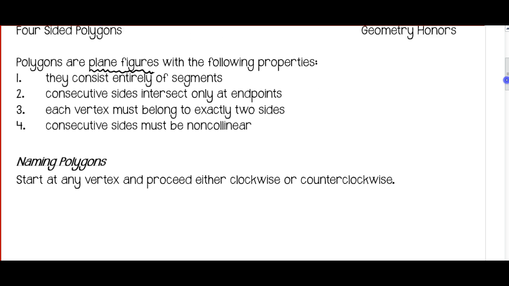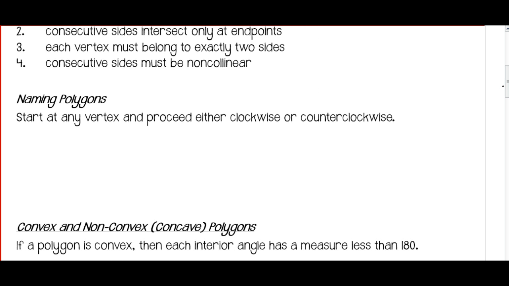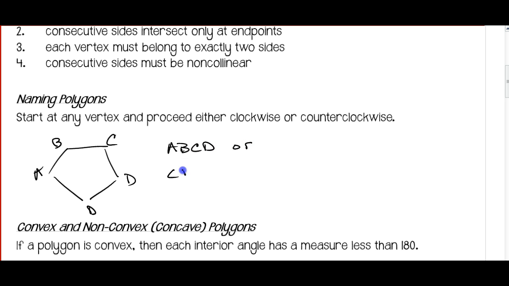When we name a polygon, we start at any vertex and proceed either clockwise or counterclockwise, it doesn't really matter. So if I have some five-sided polygon here, we'll just give it letters A, B, C, D, E. We can call this polygon ABCDE, or we could call it CDEAB.